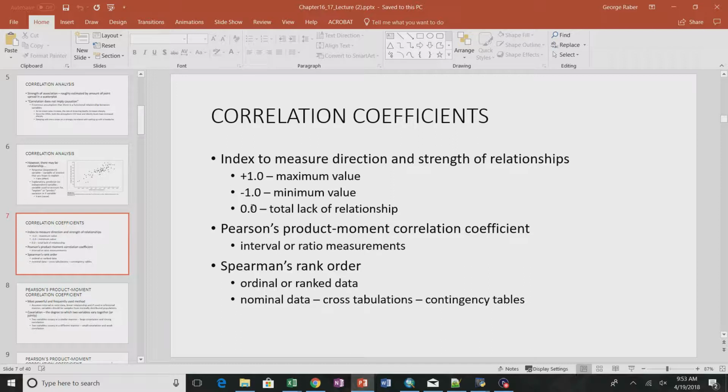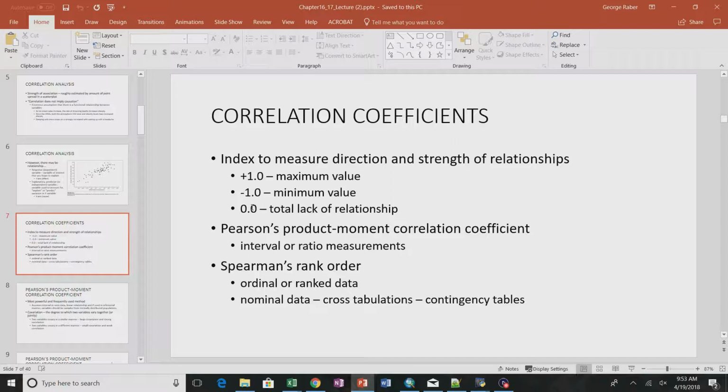There's not much predictive power to be gained. All right, so there are two different correlation coefficients that we're going to talk about today, and they're both on the same scale from 1 to -1. One is basically used with interval ratio data, and the second is used with rank order data.